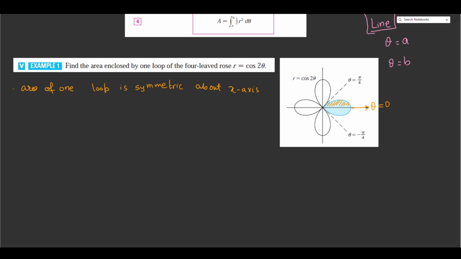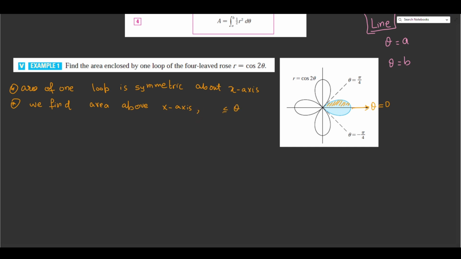So what we are going to do here, this you need to understand, we find the area above the x-axis.